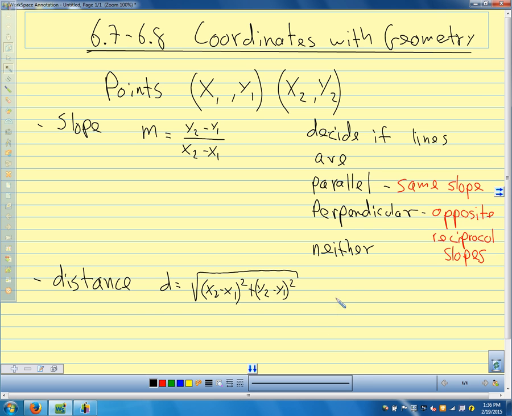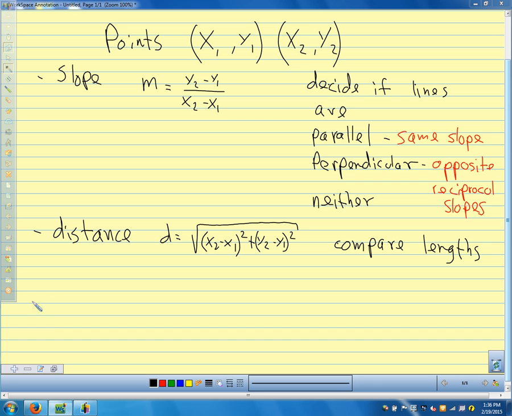And we'll use the distance to compare lengths. So if we have the points that connect some sides, and we link up the points to make a quadrilateral, we can see if the sides are the same length by calculating the distance between the points.